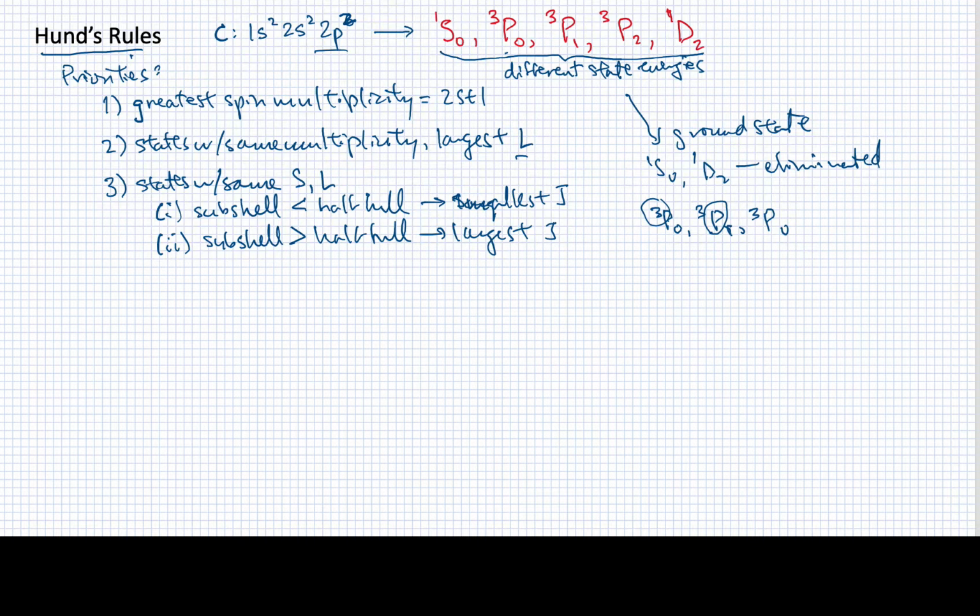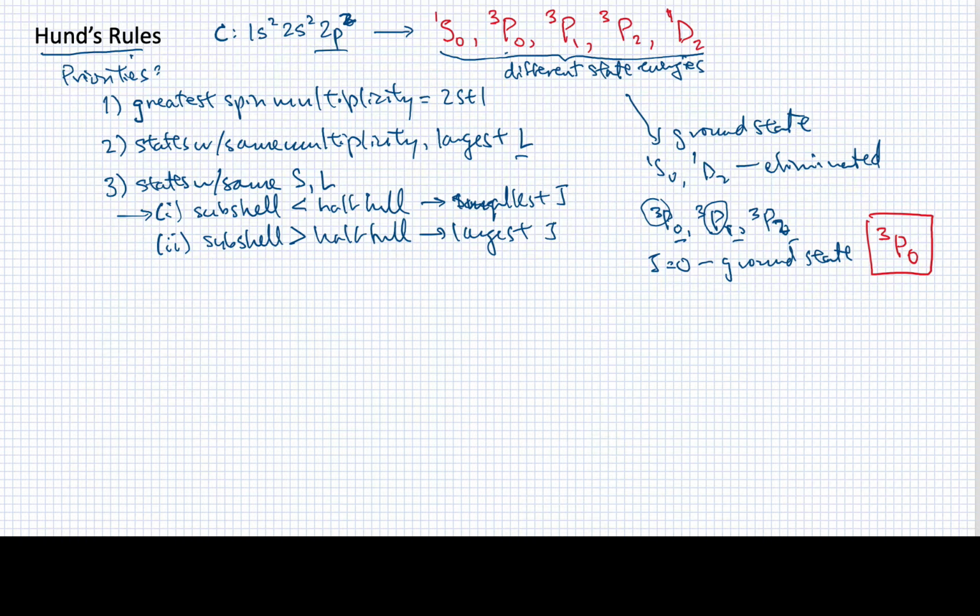So in this case, what we care about are the J values. We have J equals 0, 1, and 2. Since the shell is less than half full, it's the one with J equals 0 that is the ground state. In other words, the ground state for the carbon atom should be the triplet P0.